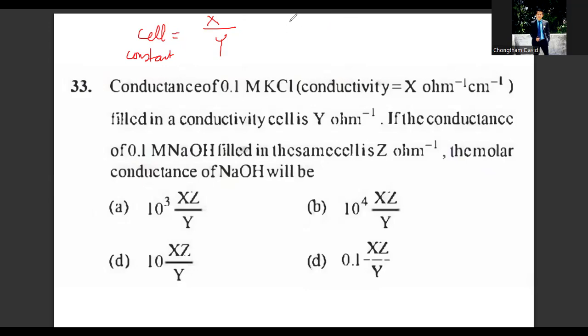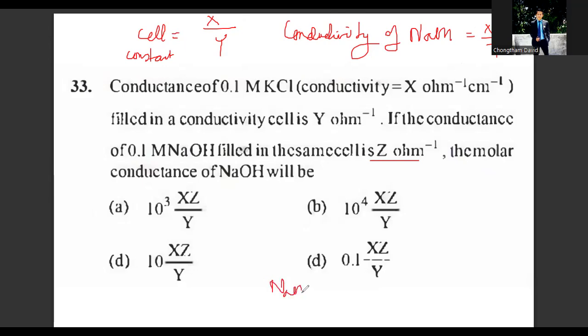And what is the conductivity of the sodium hydroxide? The conductivity of sodium hydroxide would be X by Y into this Z, because this is a conductance. Now, what is the molar conductance for the sodium hydroxide?